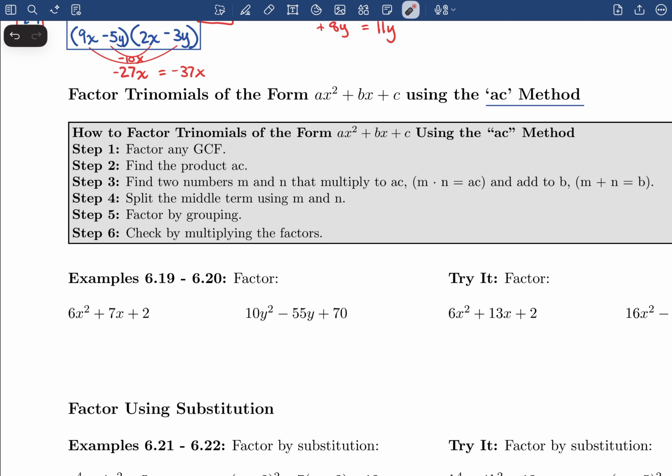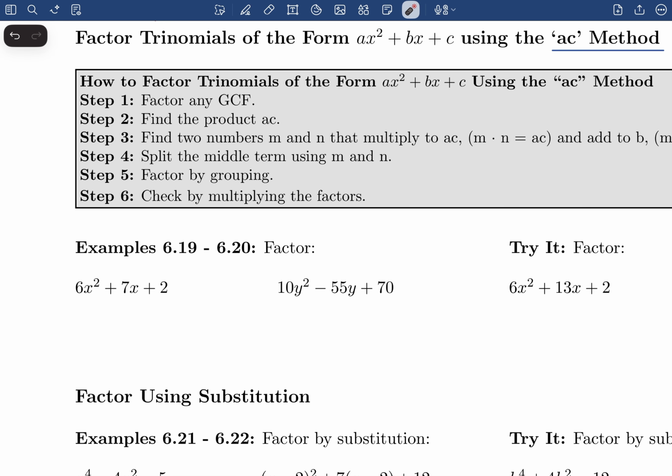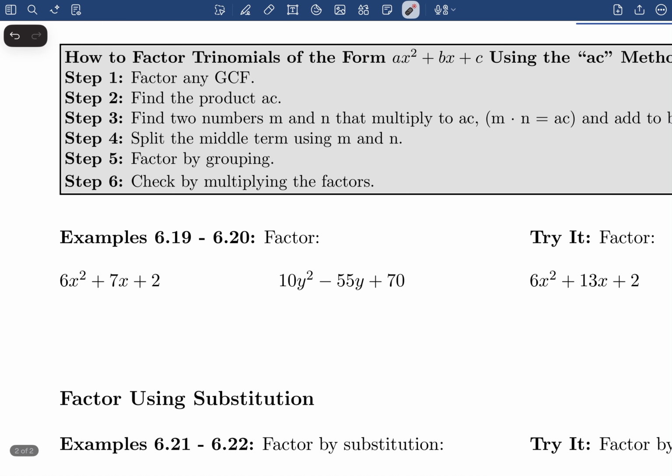So m plus n makes b. Then split the middle term using m and n, and then step 5, factor by grouping. Now, you learned how to factor by grouping in your last lesson, in lesson 6.1. Then once you've factored, you can check by multiplying all the factors back together. All right, so let's try this AC method and see what we think.